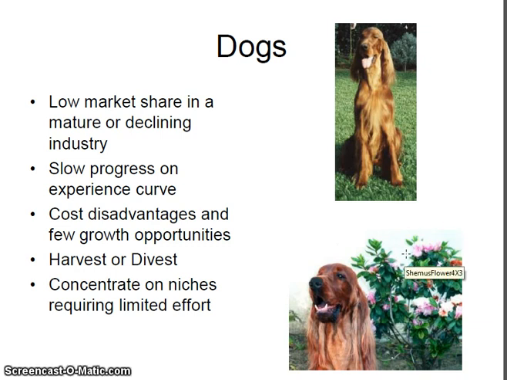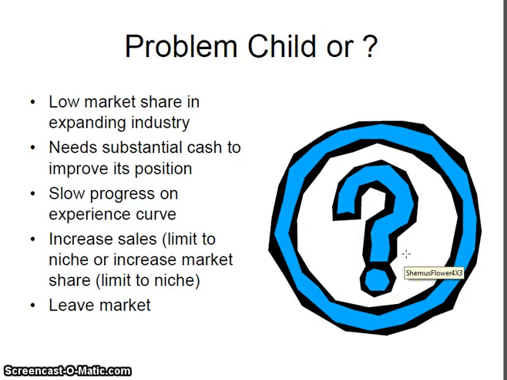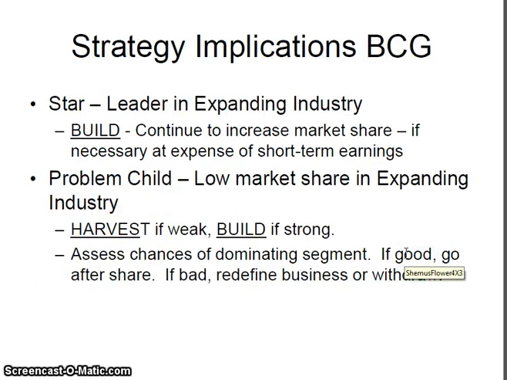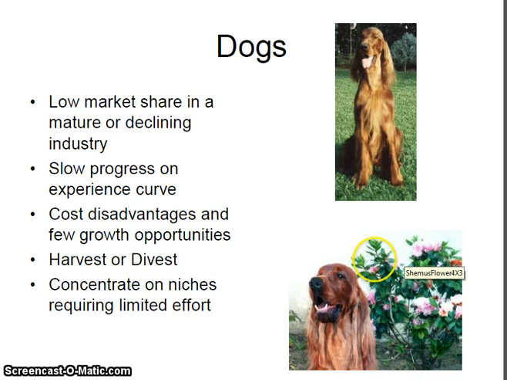This is actually a question mark, the problem child. This is the dog. I think in the slide they have given some wrong information. Actually, the points given under dogs are applicable to question marks.